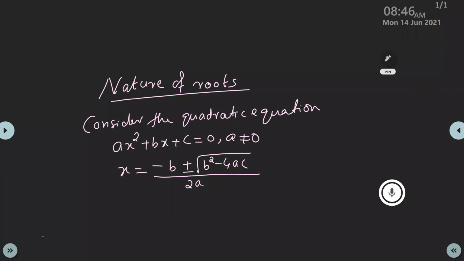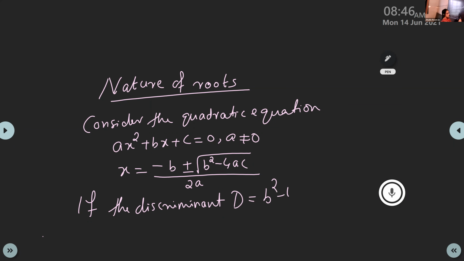Now, if this discriminant b square minus 4ac, if the discriminant D, that is b square minus 4ac, greater than 0, the equation has two distinct real roots.